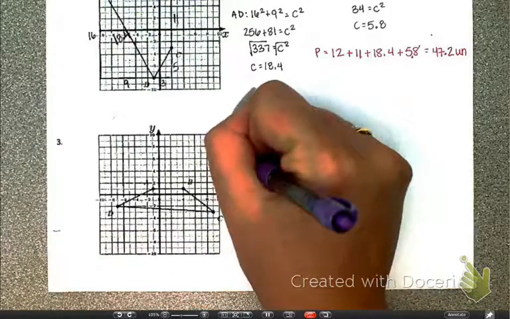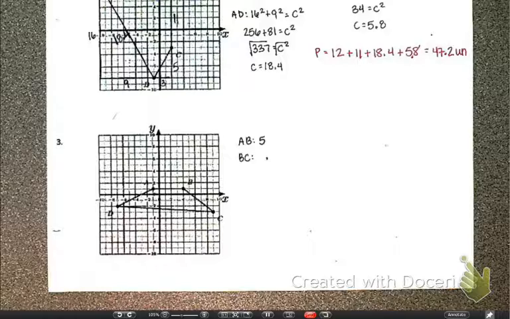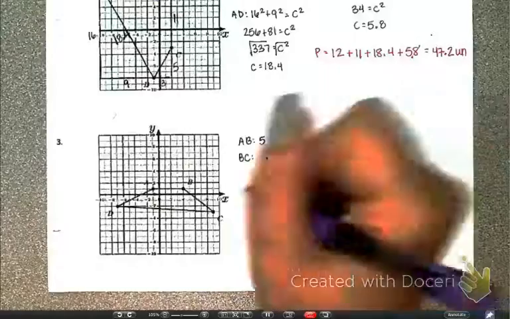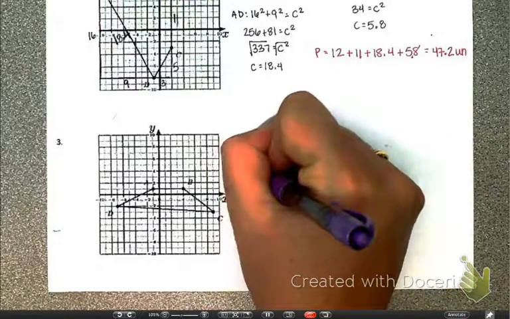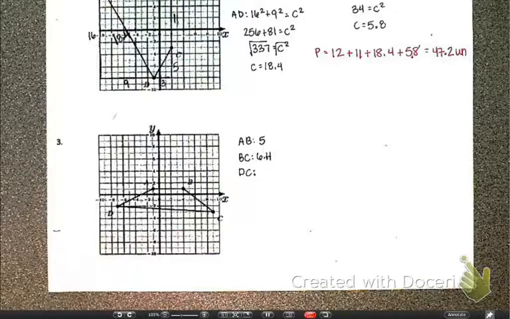When you solve for BC, what was your final answer? 6.4. Yes? Is there anybody that needs to see me do that one? Okay. What about for DC? What did we get for DC? 16.0. We can all confirm that.